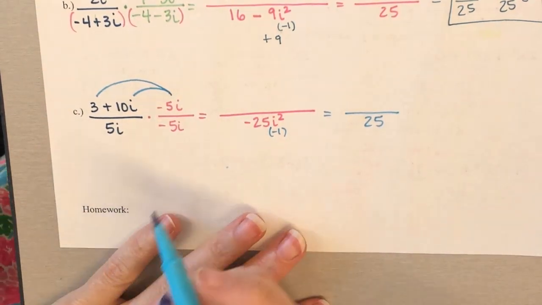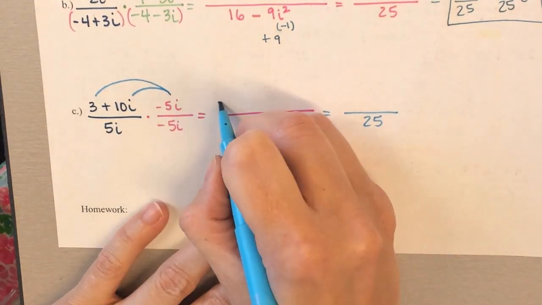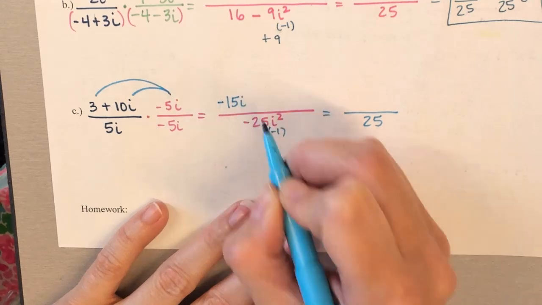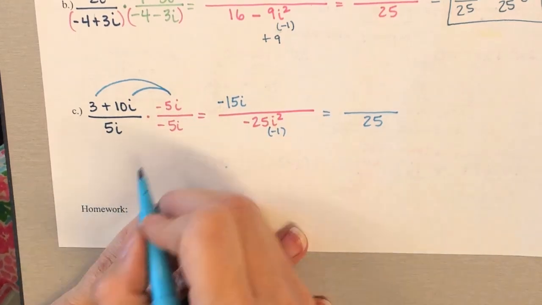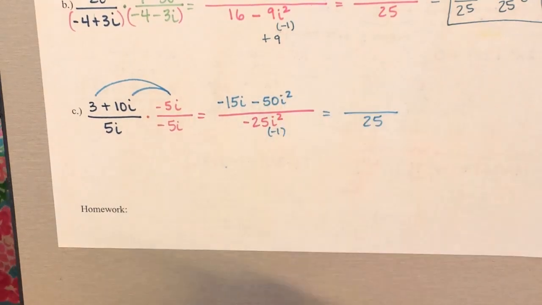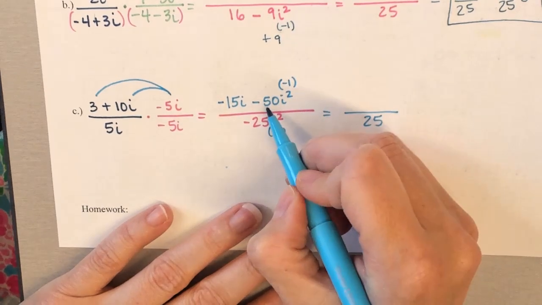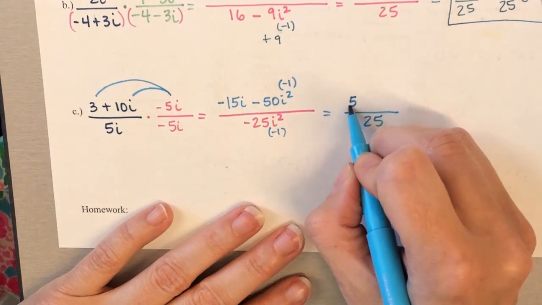All right, and then we'll distribute on the top. So negative 5i times 3 is negative 15i. Negative 5 times 10 is negative 50i squared. And then whenever you plug in that negative, a negative times a negative is a positive.